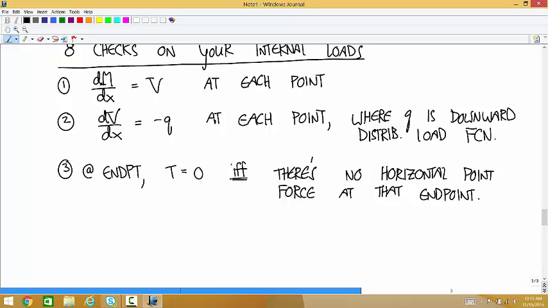Fourth, at any endpoint, V is equal to 0 if and only if, what do you think this one's going to say? Vertical, yep, exactly. There's no vertical point force at that endpoint.